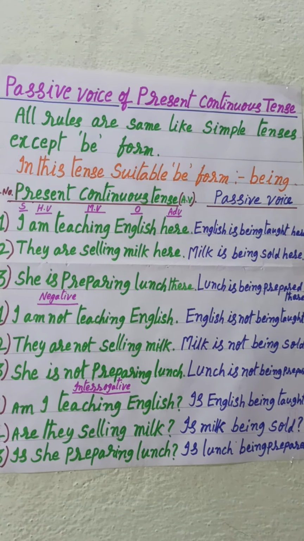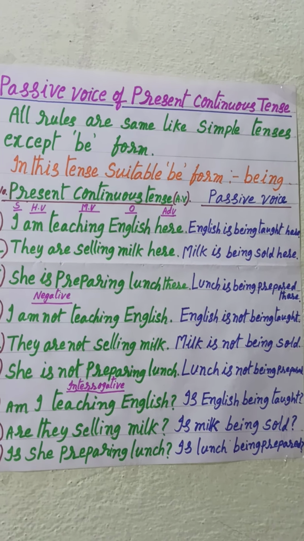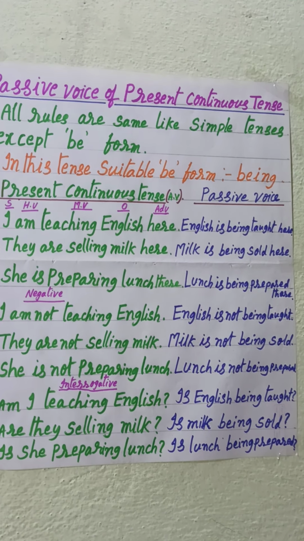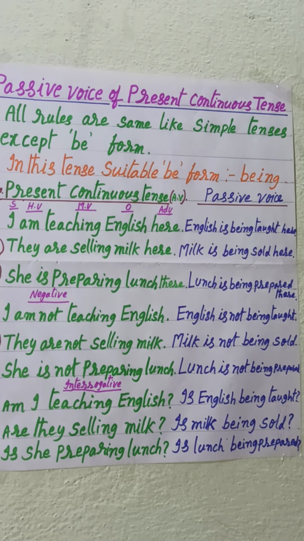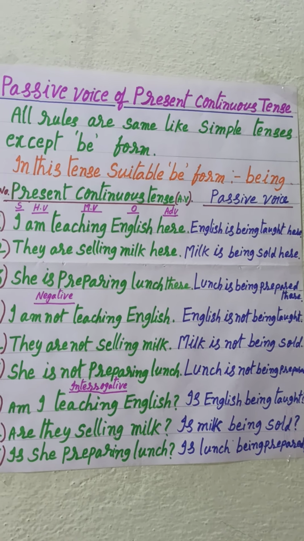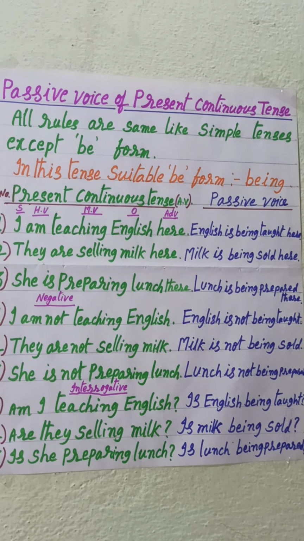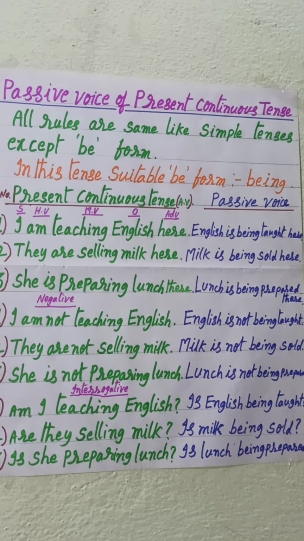The same way, sell is V1. Sold is V2 and V3. Selling is V4. That is present participle. Teach is V1.